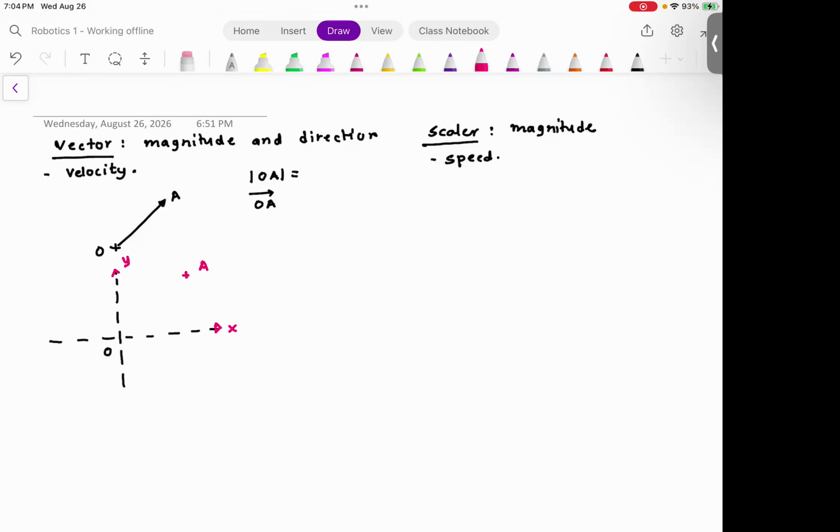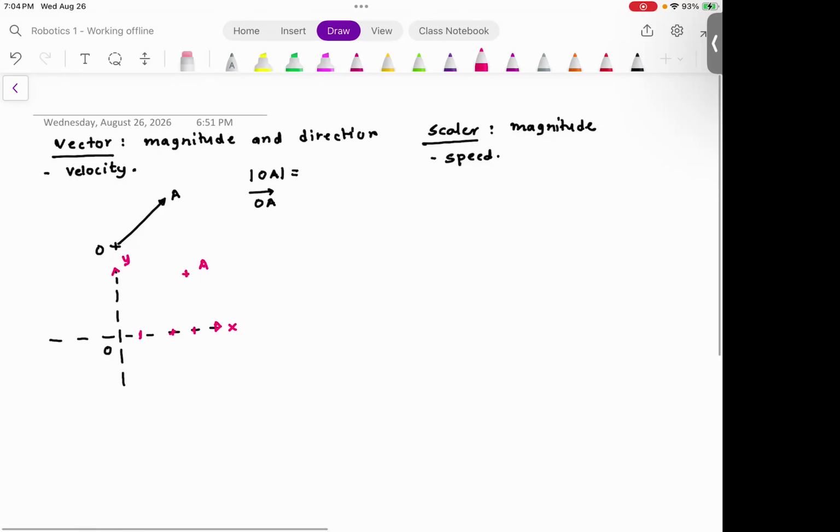To get to A, you need to travel 3 units in x direction and 4 units in y direction. So to go from O to A, I need to travel 3 units in x direction and 4 units in y direction.